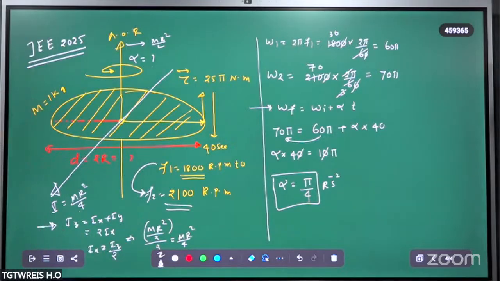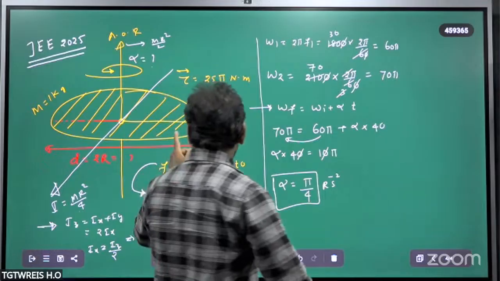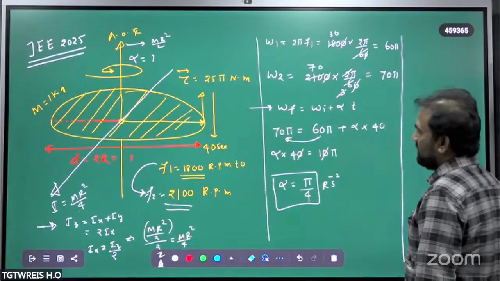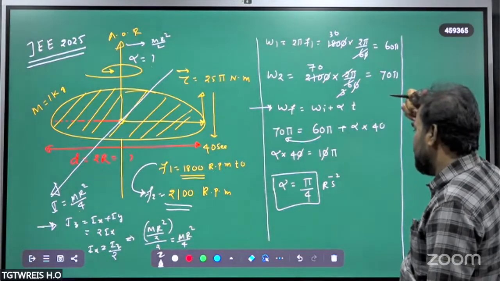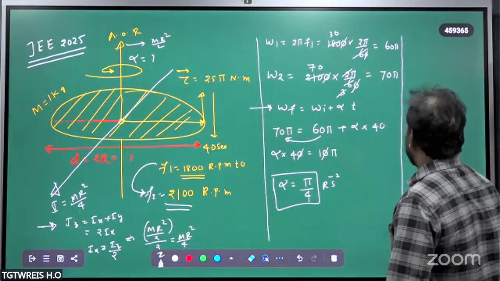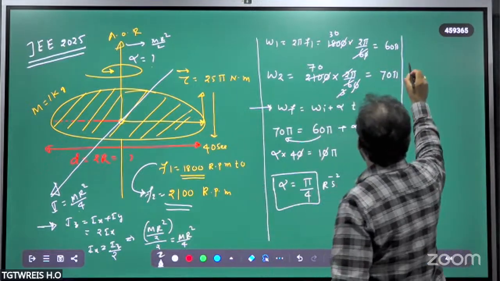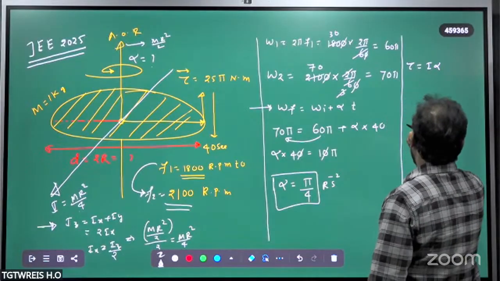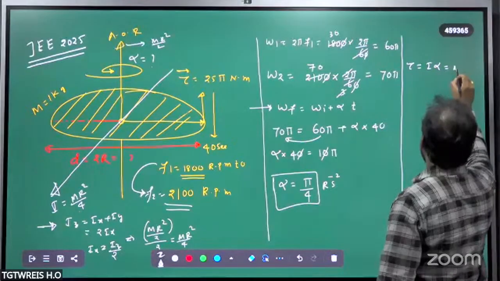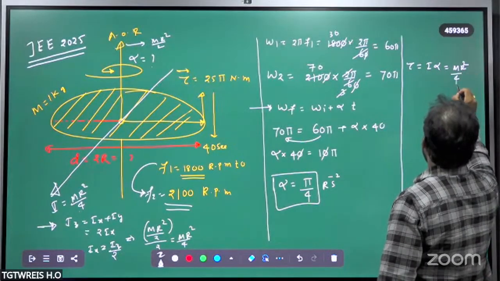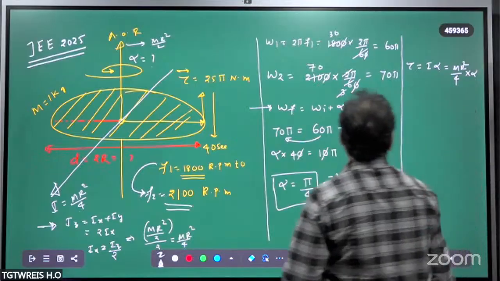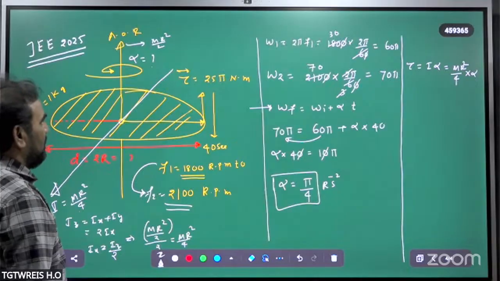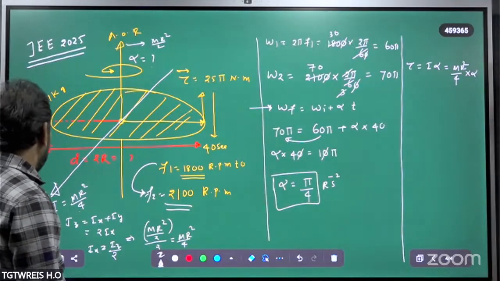Therefore, the torque acting about that point is given by torque tau is equal to I alpha, that is equal to mr square by 4 into alpha. Is it clear?